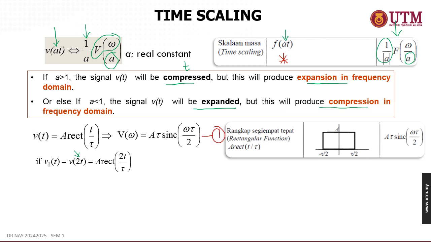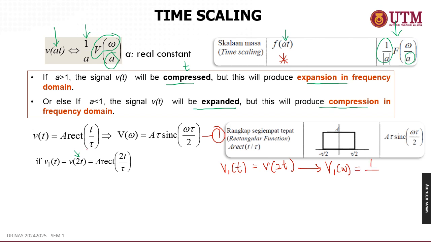Now you need to work on the new signal. In this case, v1(t) is equal to v(2t). In the Fourier transform, it becomes V1 omega, which is equal to 1 over a, the scaling factor.